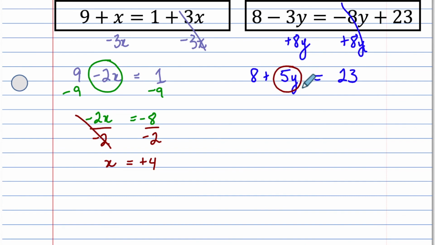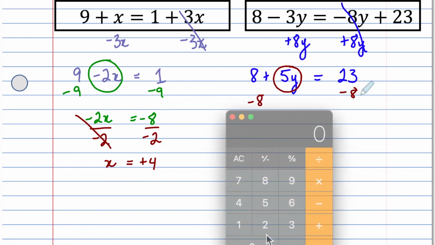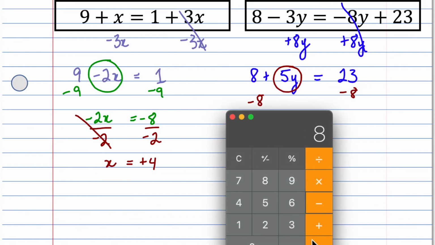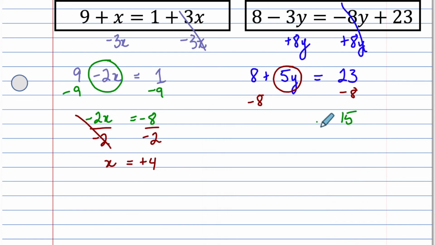Get the 5y by itself by subtracting 8 both sides. 15 on the right, 5y on the left, divide by 5, and we got the same answer. Good job.